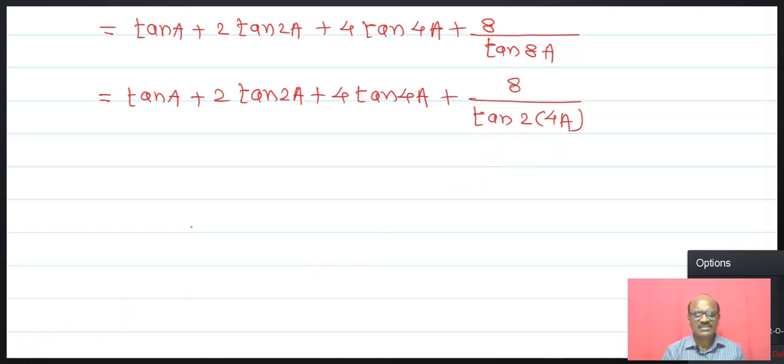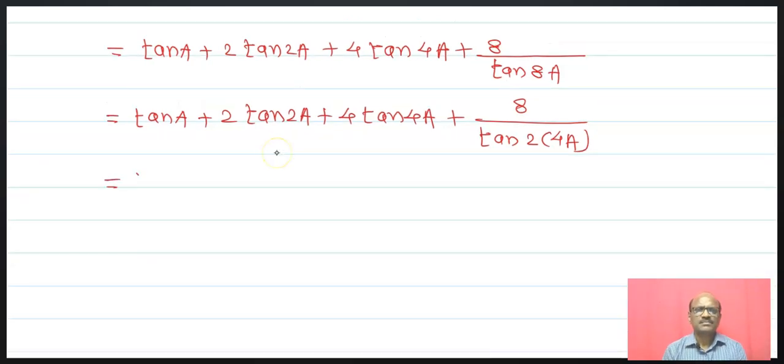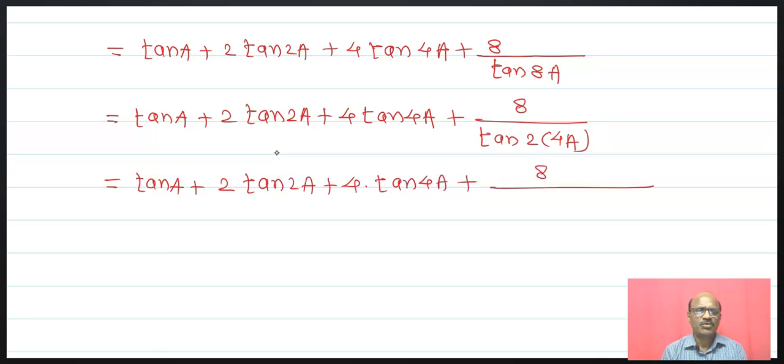Now see this here. Tan A plus 2 times tan of 2A plus 4 times tan of 4A plus 8 upon 2 tan 4A upon 1 minus tan square 4A.